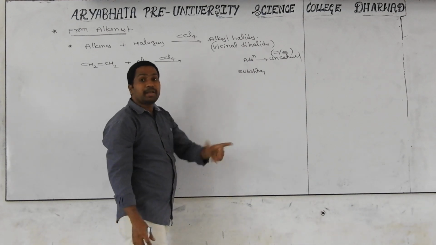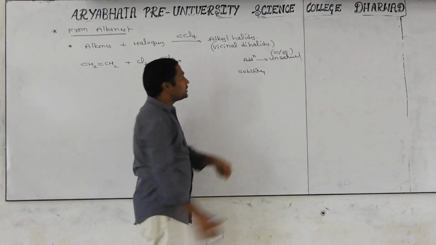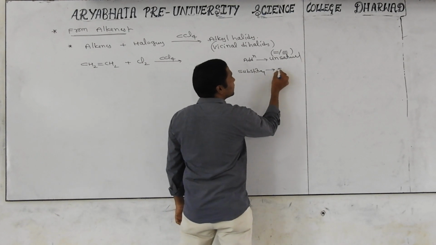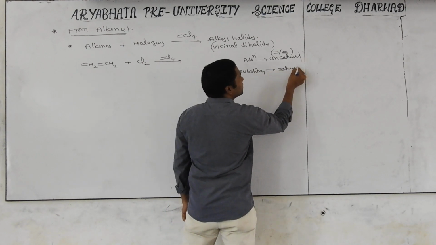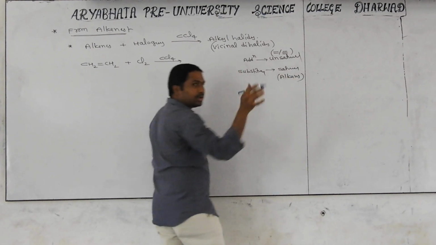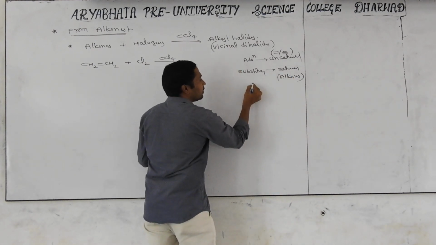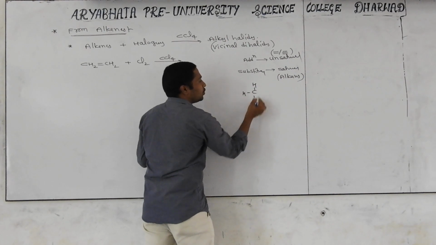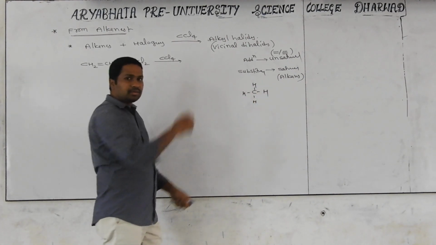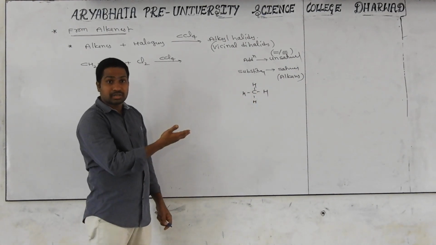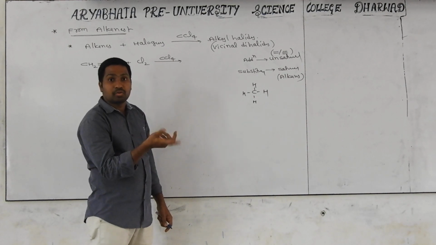Substitution means replacement. It is only possible in case of saturated compounds, especially alkanes. For example, you have methane. Is there any chance for addition? No. Why? All are sigma bonds, strong bonds, but we can do replacement.